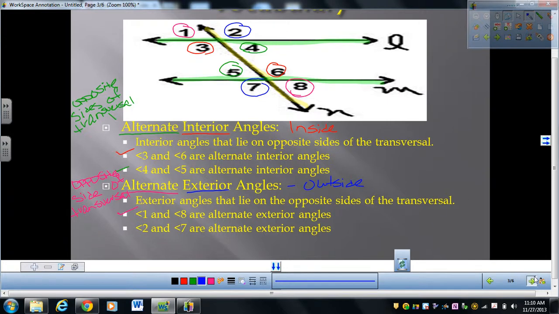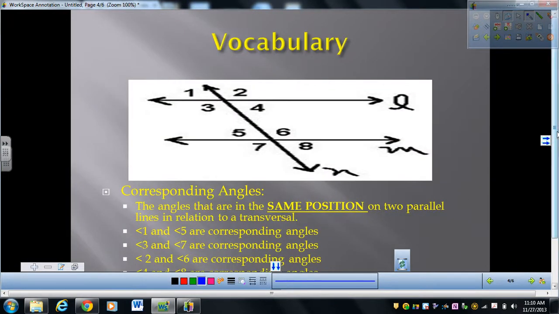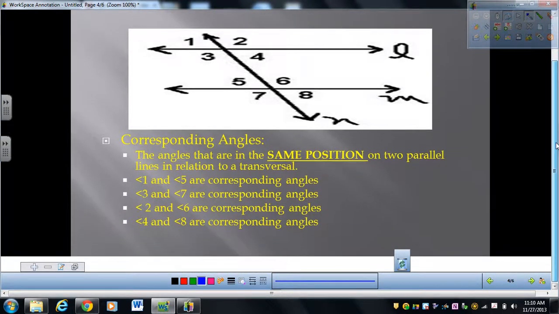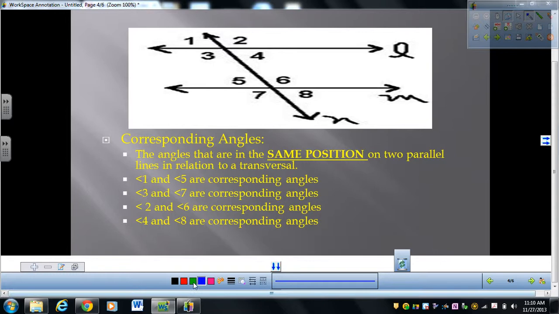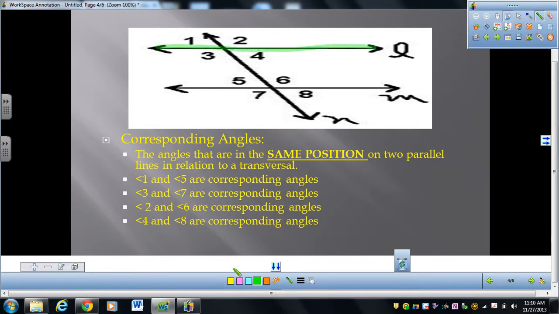Okay, let's talk about corresponding angles. Now, these are the ones that are in the same position. So if we go ahead and highlight our transversal lines, we'll do one in green, and we'll do the other in pink, because I like pink.